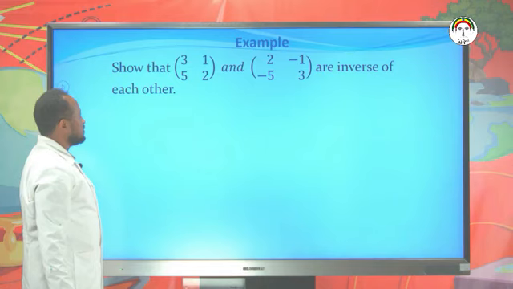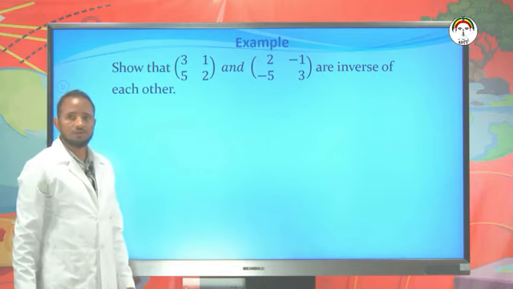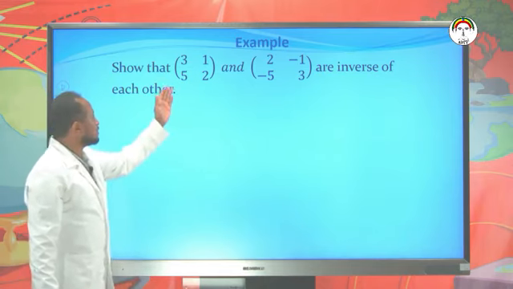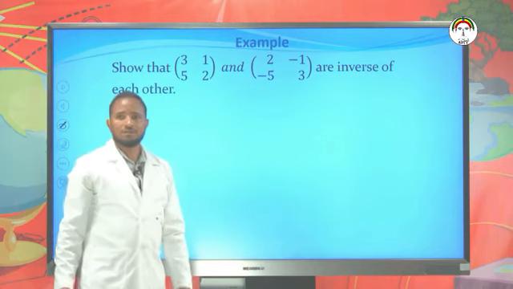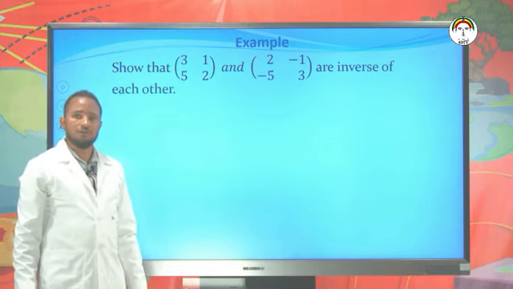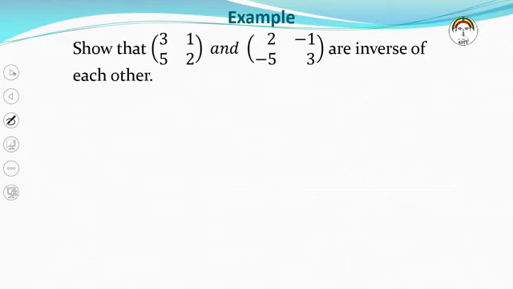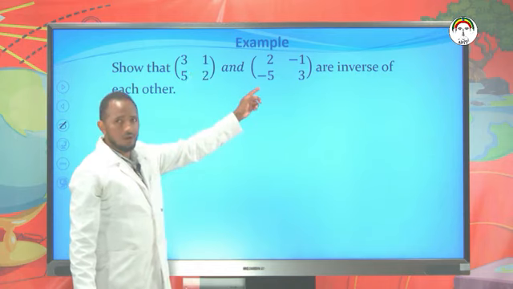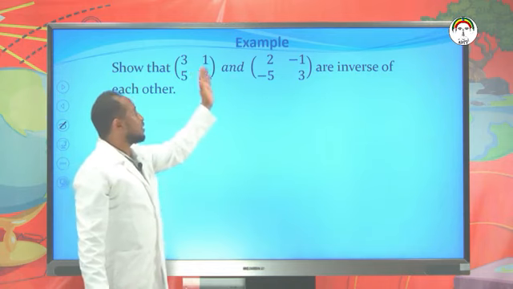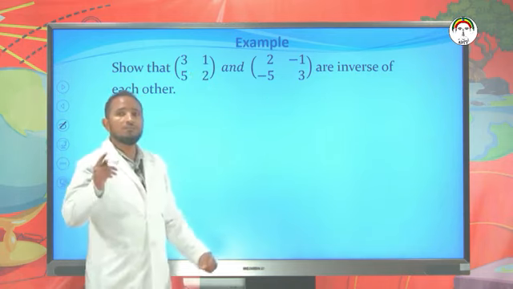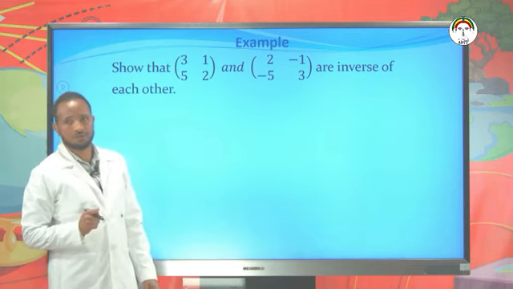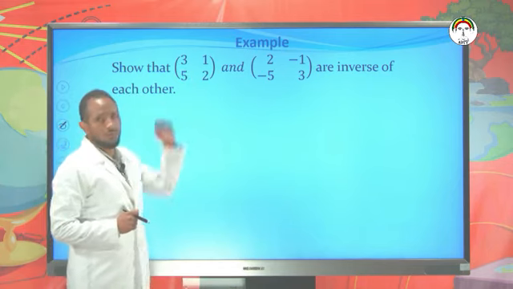Okay. Now, let's see this example. It says show that these two matrices are inverse of each other. To check this, if this matrix B is the inverse of this matrix A, then the product of these two matrices must give us the identity matrix of order 2 by 2.